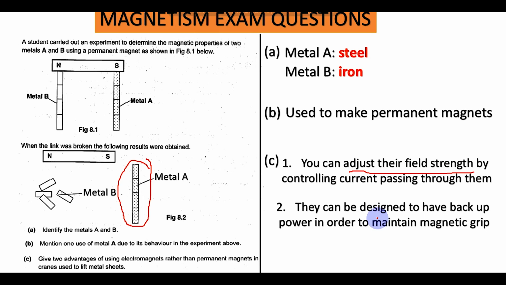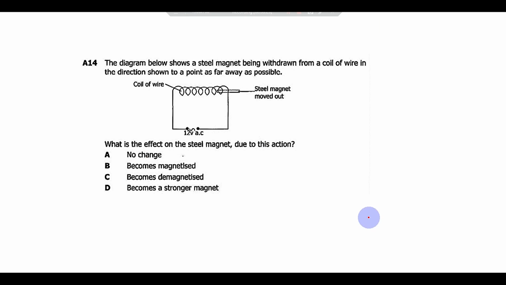When there's a power cut, that backup power will continue sustaining the electromagnet to maintain its magnetic grip so that we avoid accidents. You can imagine the metal sheets have been lifted and then there's a power cut. What would happen? Those metal sheets would fall. To avoid this, electromagnets can be built with a backup power to maintain the magnetic grip. So that is the advantage of using electromagnets over permanent magnets.